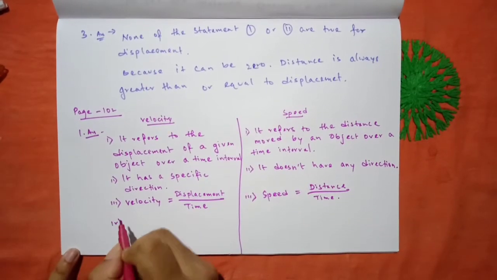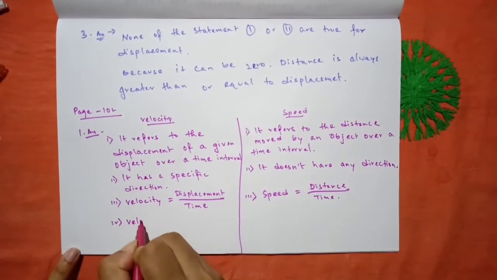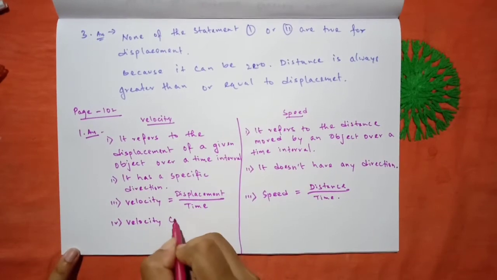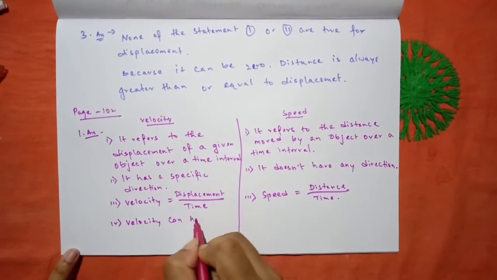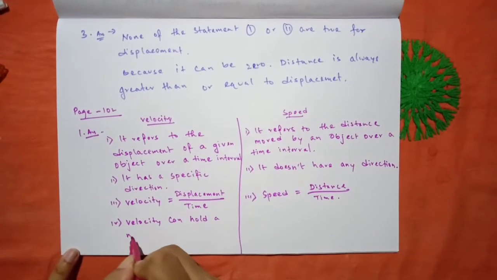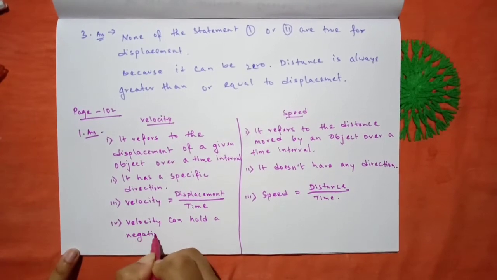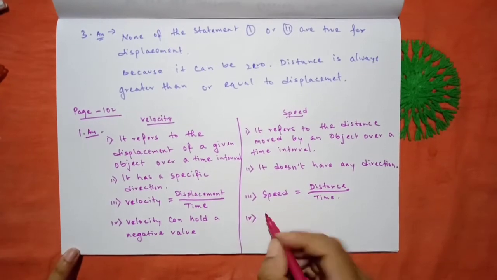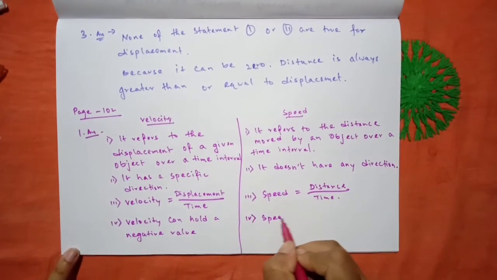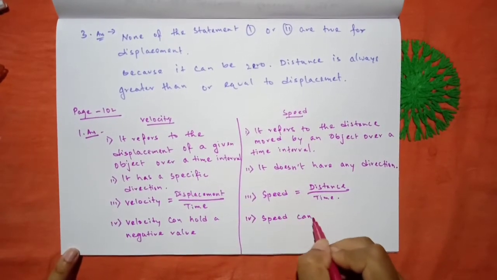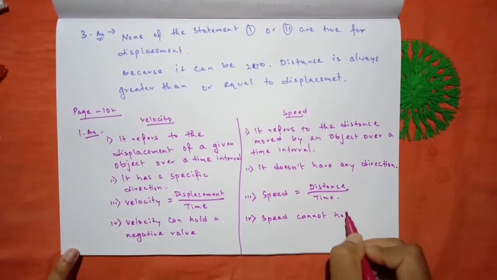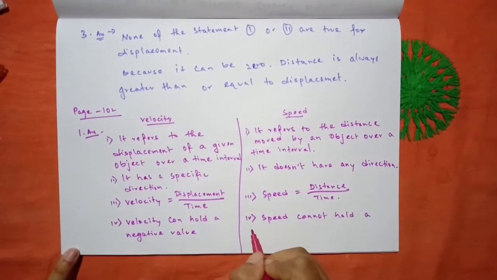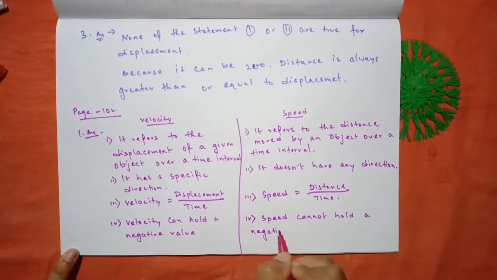Number 4, velocity can hold a negative value, and here speed cannot hold a negative value.